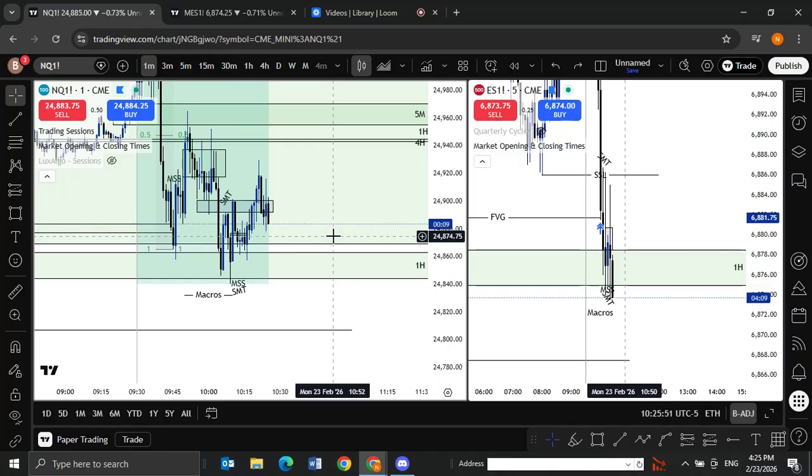Okay, let's just wait a bit. The price is not in sync at all.